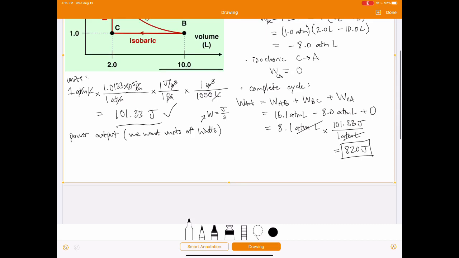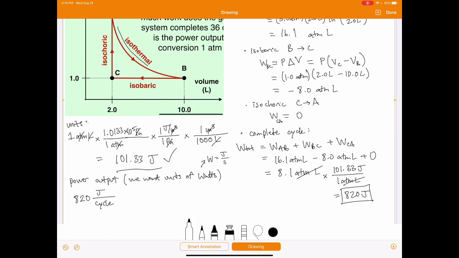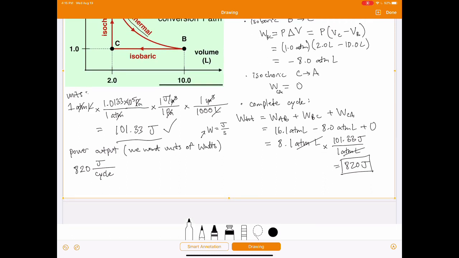So we'll start with what we know. We have 820 joules of energy for every time the gas undergoes the cycle that we see in the diagram. So we can say 820 joules per cycle is the rate at which our gas is doing work.